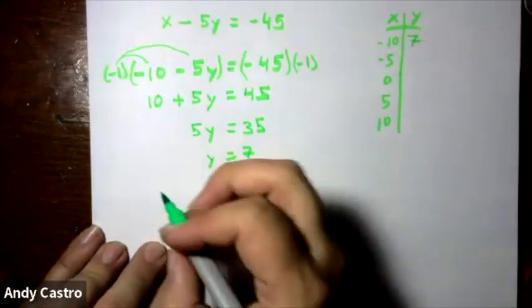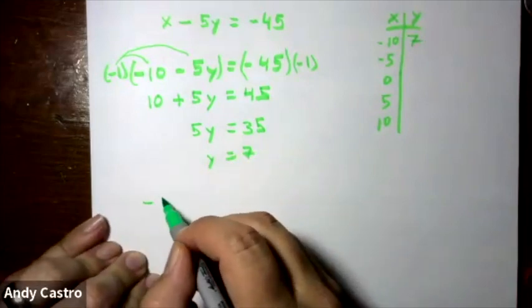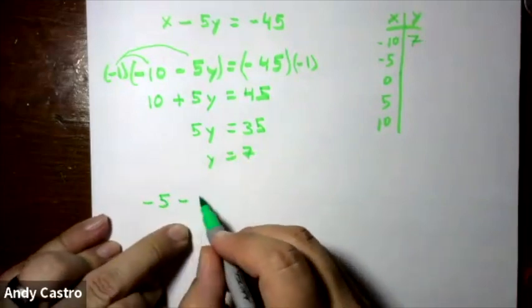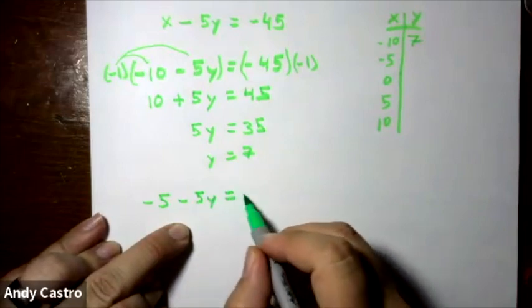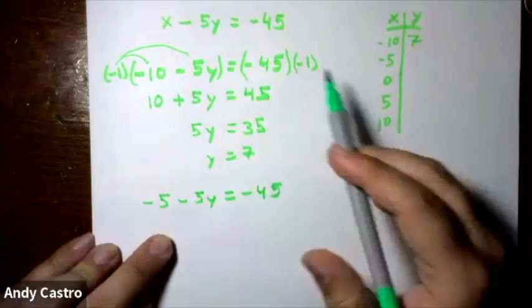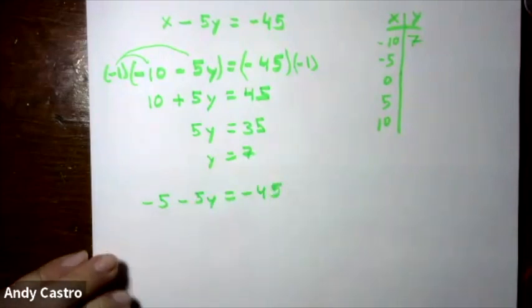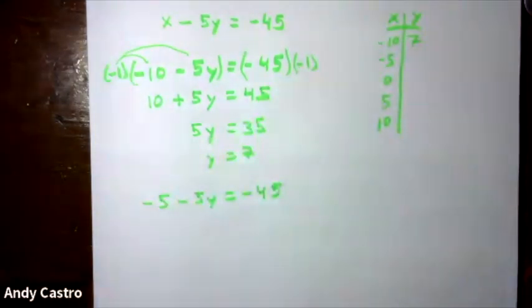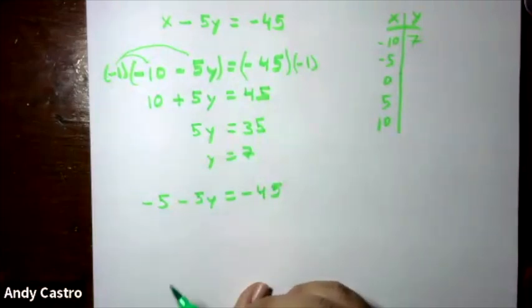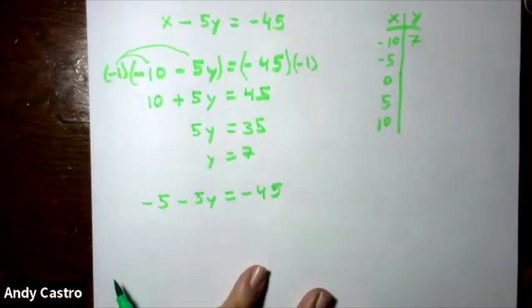All right, let's do the second one, which is -5. -5 minus 5y is equal to -45. Now I can go ahead and multiply everything by -1 to make all this positive, but let me work it out without doing that, just to show some diversity in terms of how you can do this. So I'm just going to add 5 to both sides.